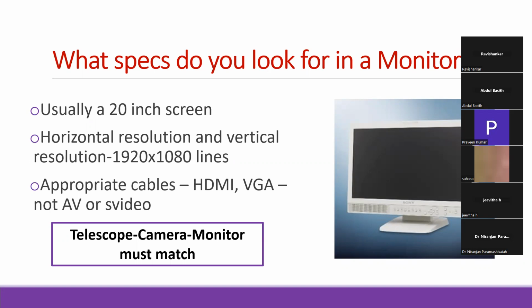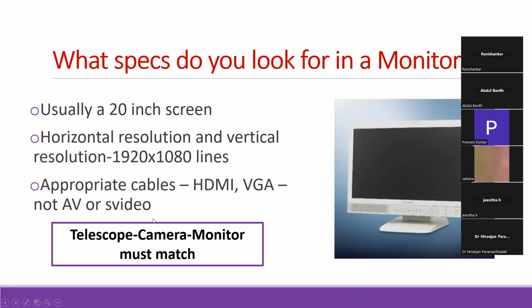And if you have an HD monitor, all right, it must have all the proper inputs as well. HDMI, that is for the HD monitor. You must have a VGA. VGA can also give you an HD image.